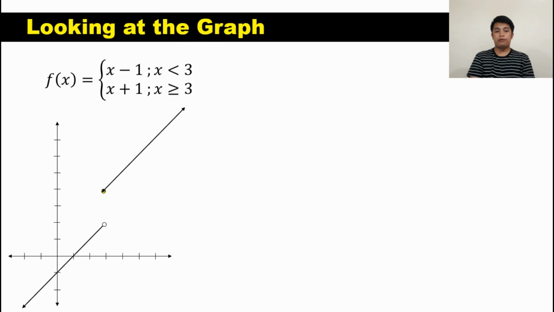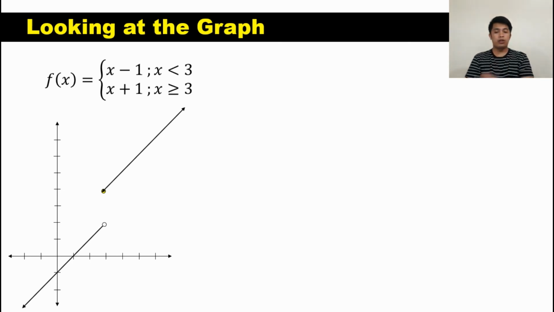Now, if we use table of values, makita nato gihapon ang ilang difference. Klaro kaayo nga there is a difference sa gina-approach sa imong y as your x approaches a particular value.